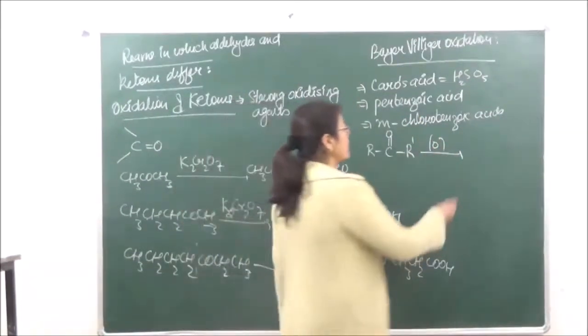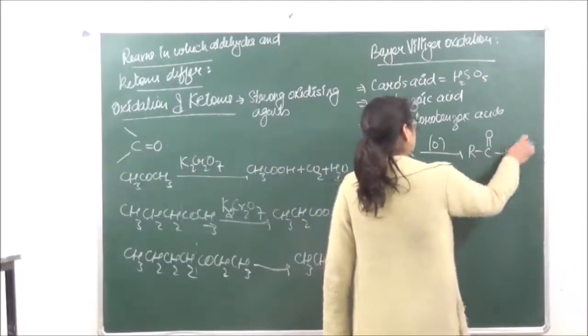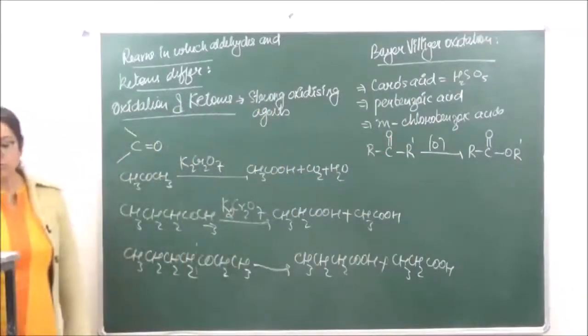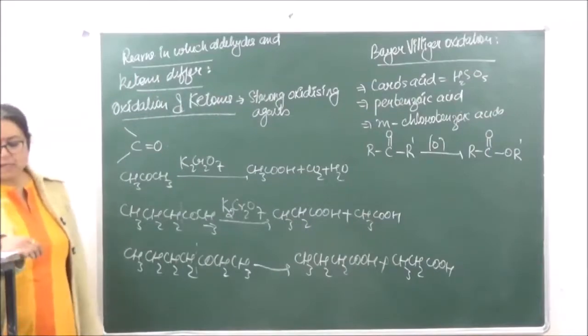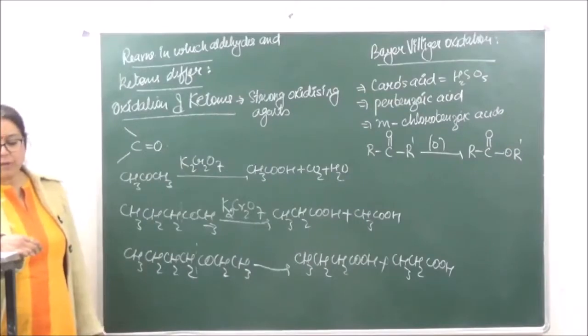This is going to give us RCOOR. So in case of unsymmetrical ketones, the preference of insertion of the oxygen atom between the carbonyl carbon and the alkyl group is in decreasing order.